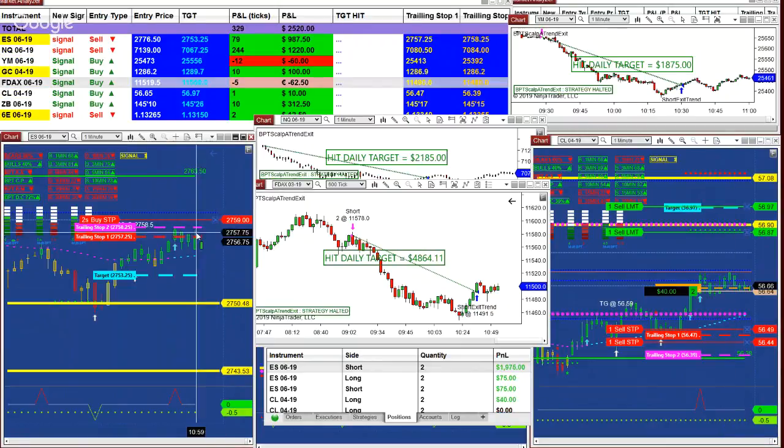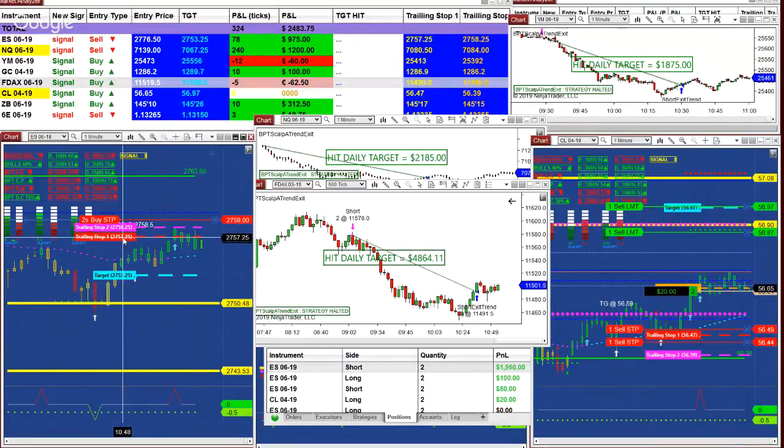So right now, this ES, I'm staying away from it, because now we are entering the critical area between long and short on that instrument.